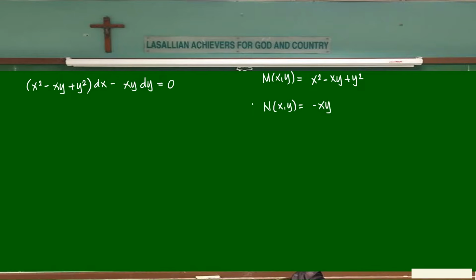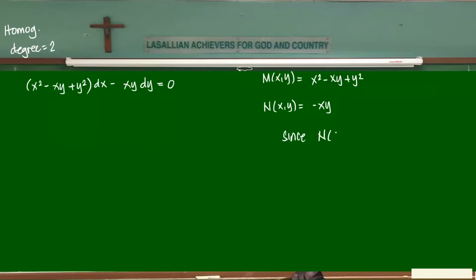And then earlier, you were able to already test the homogeneity, right? Degree 2. So you already know that this is homogeneous of degree 2. Now, comparing the two, which one is simpler? M or N? N.